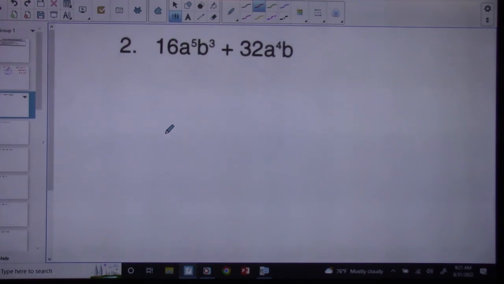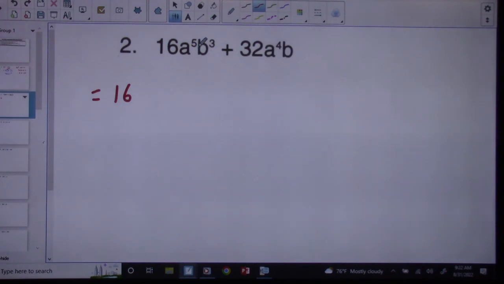So let's go ahead and look at 2. So 2 just has a lot of stuff in it, right? A lot of stuff. And so you just go through this stuff one thing at a time. The first thing you do typically is look at the numbers. So between 16 and 32, what's in common between those two? 16. 16 is your common factor between both of those numbers.